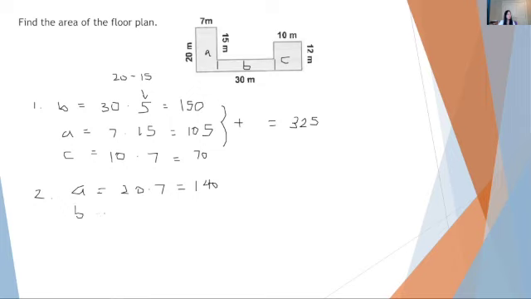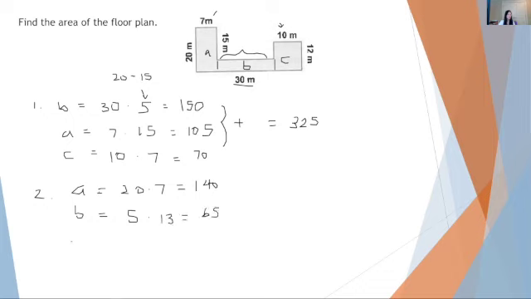For B, we know that the height is 5, so we can write that down. But then this middle part here, it'll be 30 minus 7 minus 10. So that would be 13.